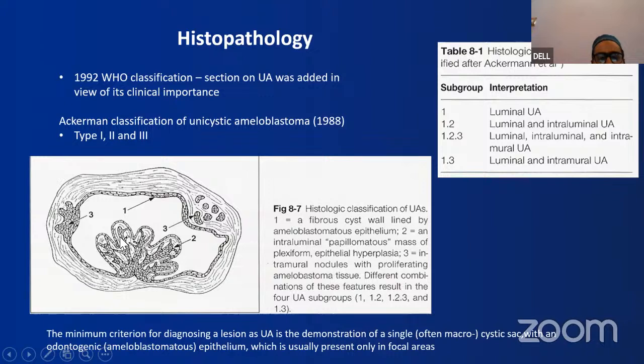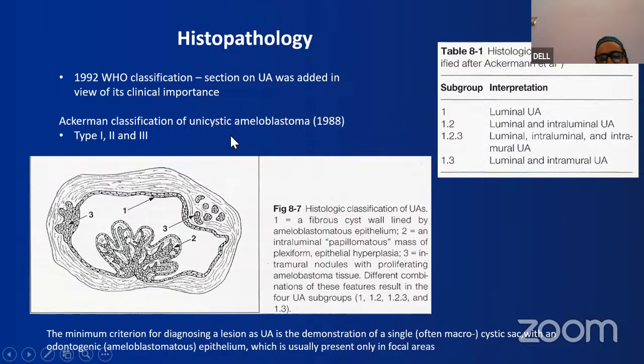The type 2 intraluminal type is the proliferation of the ameloblastic epithelium within the cystic cavity as a papillomatous mass, which most of the time is a plexiform unicystic ameloblastoma. And the third type is the mural type, which is found in the mural or connective tissue wall of the unicystic ameloblastoma, in the cyst wall.